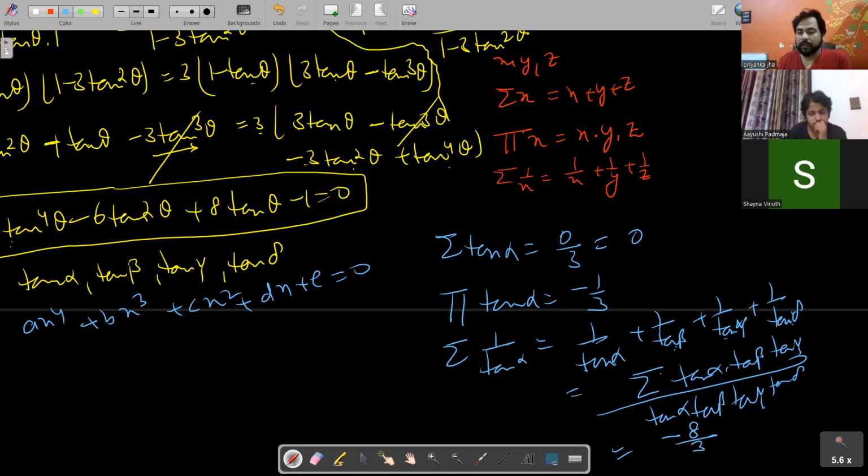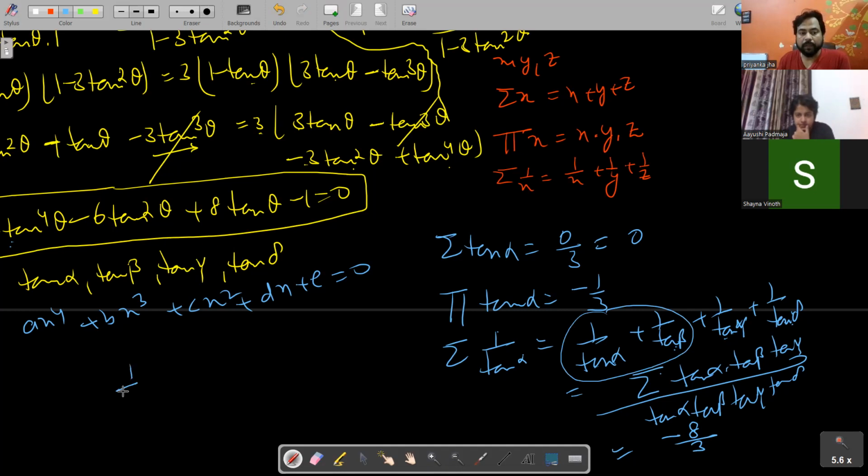Why tan alpha into tan beta into tan gamma? It is the summation of 1 by tan alpha. So it is like 1 by tan plus 1 by tan plus 1 by tan plus 1 by tan. In the end, you have to take the LCM. If there are only 2 terms, then the numerator will be tan alpha plus tan beta. But there are 4 terms. And how do you take the LCM?